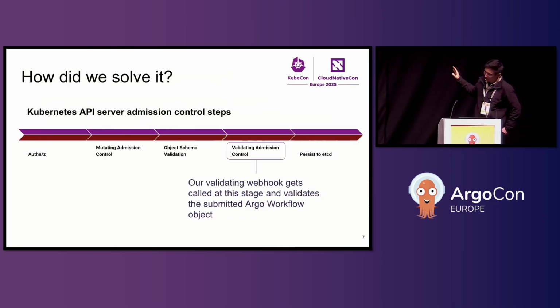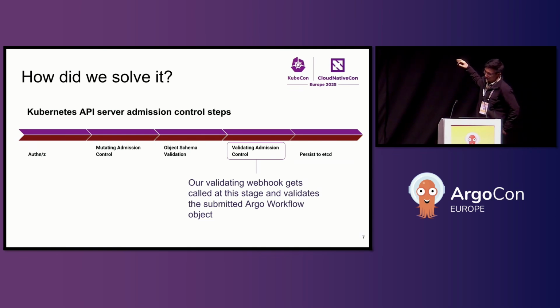So that was the problem statement, and this is into the how we solved it part. Well, obviously we solved it with validating webhooks, it was in the title. But in case you're not familiar, validating webhooks are a part of the Kubernetes API server admission control. So when you create something via the API server, it goes through a list of steps: mutating webhooks, and then the schema validation against the field that I mentioned at the start in the CRD, which is where the minimized installation of Argo is lacking.